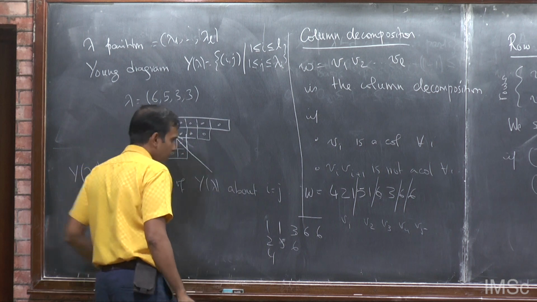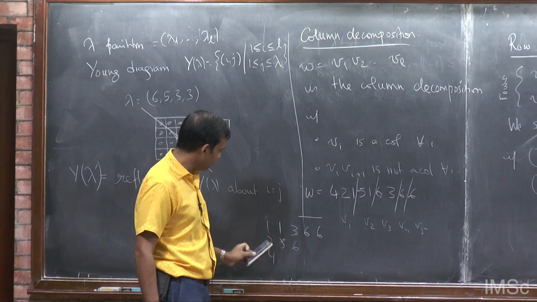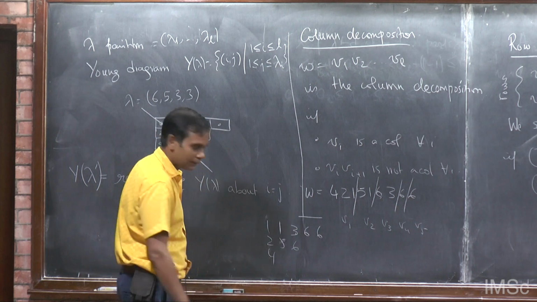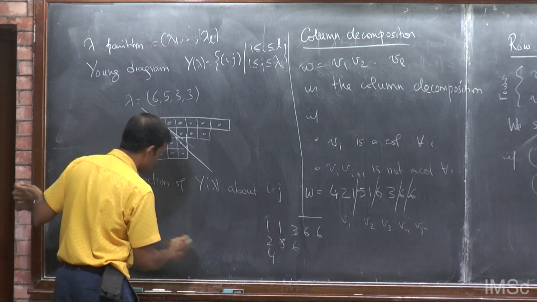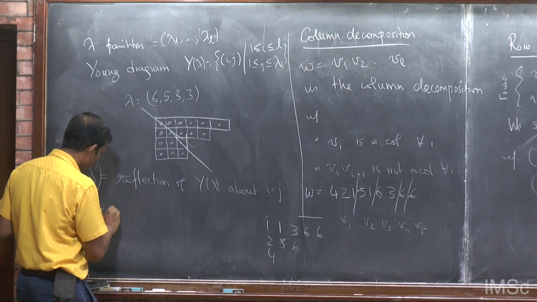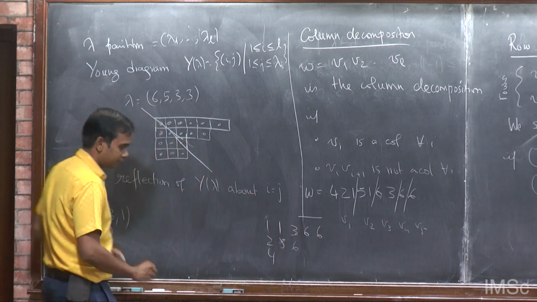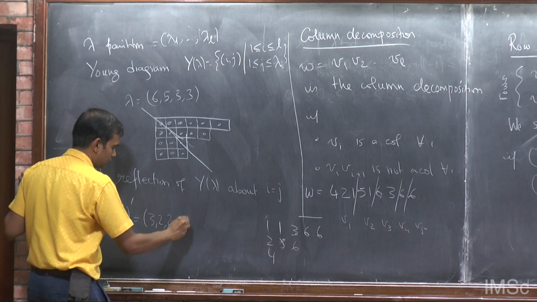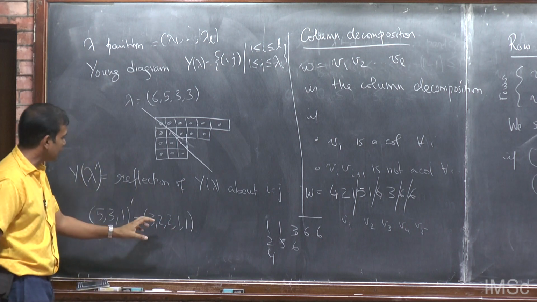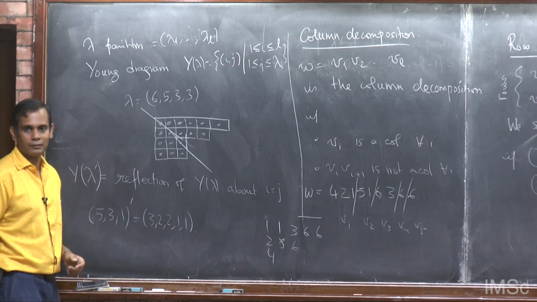So this tableau has shape 5, 3, 1. So, what is the conjugate of 5, 3, 1? It is 3, 2, 2, 1, 1. And this is an involution: the conjugate of 3, 2, 2, 1, 1 is 5, 3, 1.